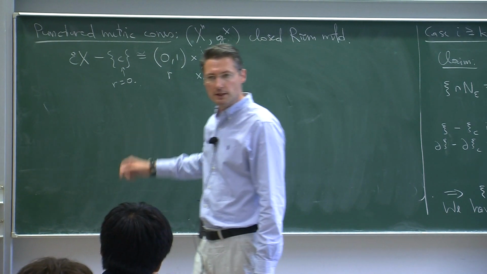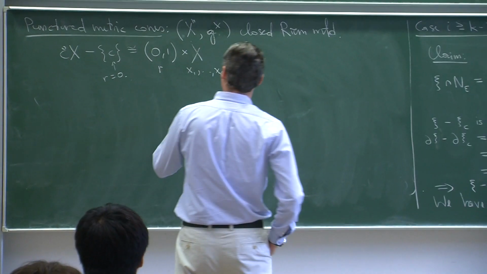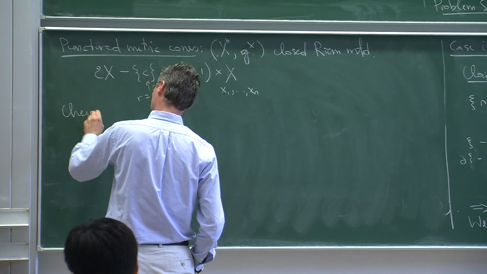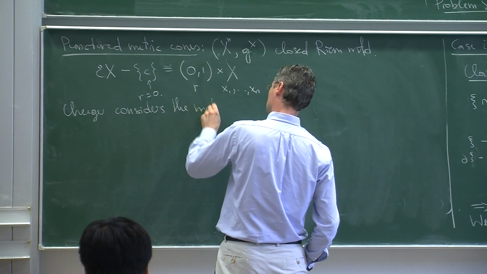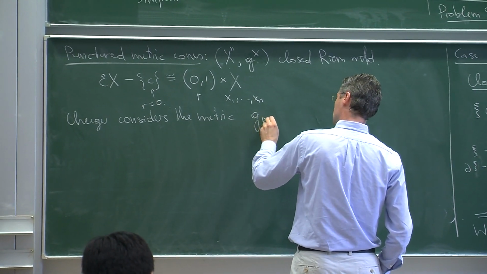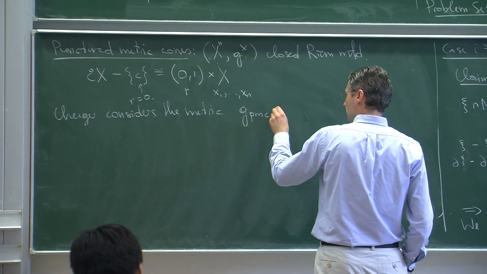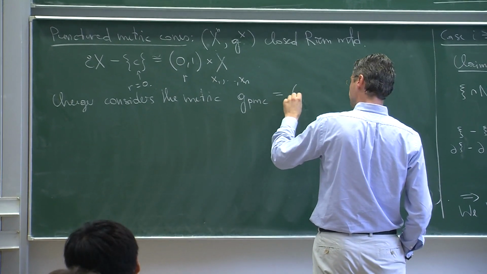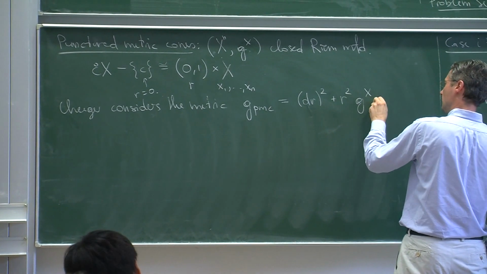Now what about the metric? Now we equip this with a certain kind of metric as follows. So Cheeger considers the following metric on this space, I'll write PMC for punctured metric cone: you take dr squared plus r squared times the metric on X. Right?